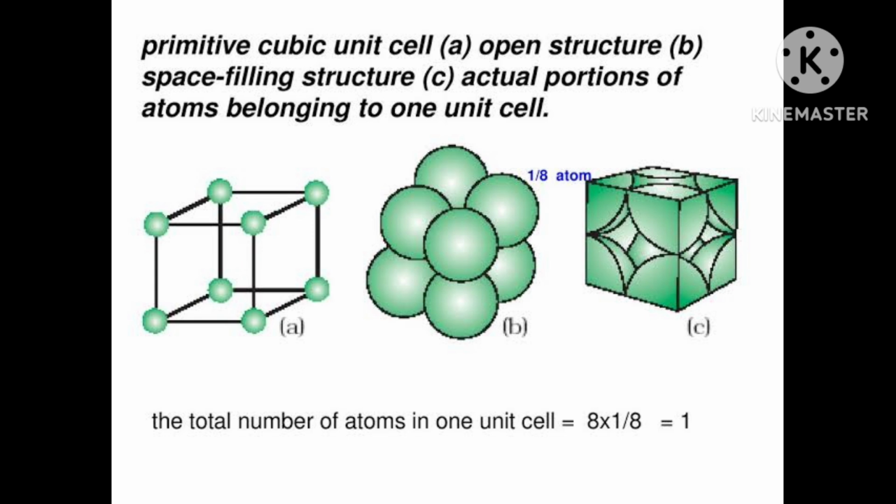Means upside one gap, down one gap, north side one gap, south side one gap, east side one gap, west side one gap. This gap, always remember, is called a void. Question is asked.